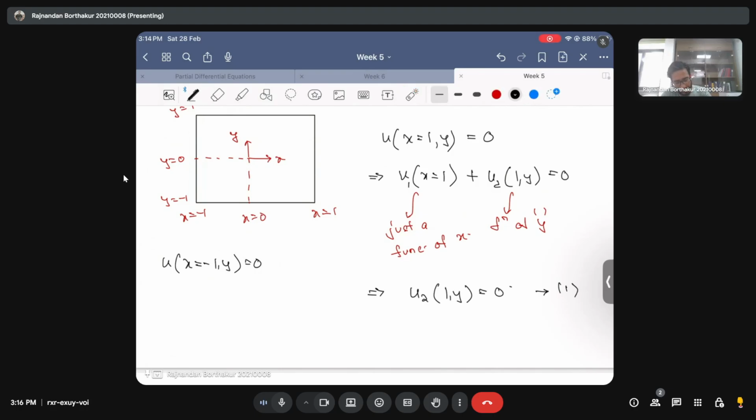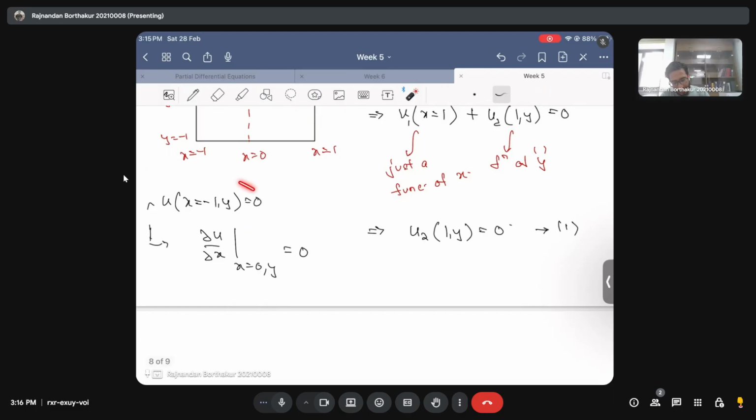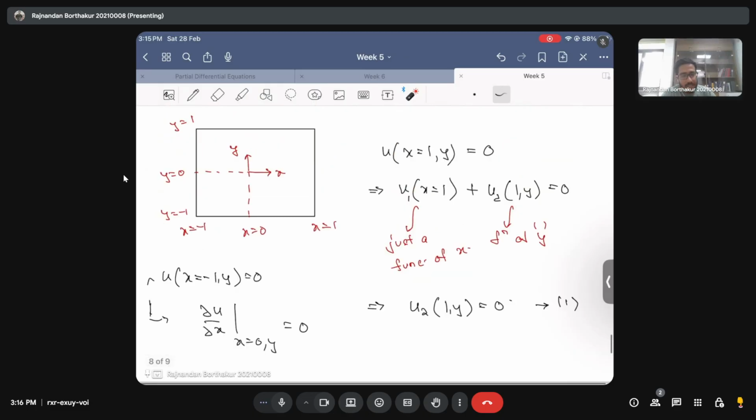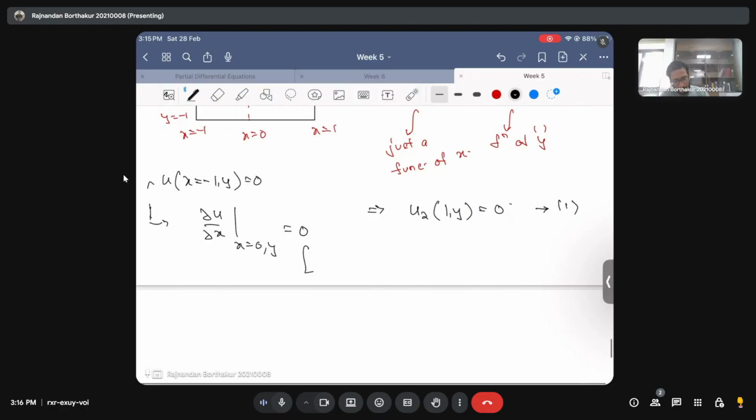So another way of saying this, I can equivalently write that from this boundary condition, my del u by del x at x equal to 0 for all y is equal to 0. And this is an equivalent statement of saying that my u at x equal to 1 for all y is 0. This argument is based on the fact that my profile is going to be symmetric, because the velocities are the same at x equal to 1 and x equal to -1.